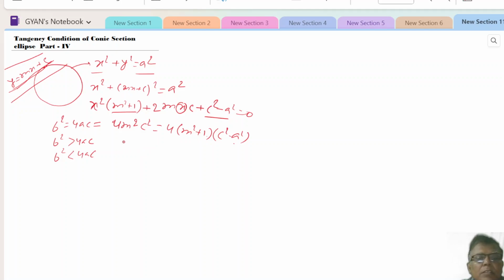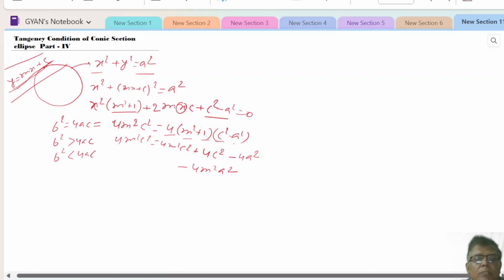Then we get 4m square c square plus 4c square minus 4a square minus 4m square a square.